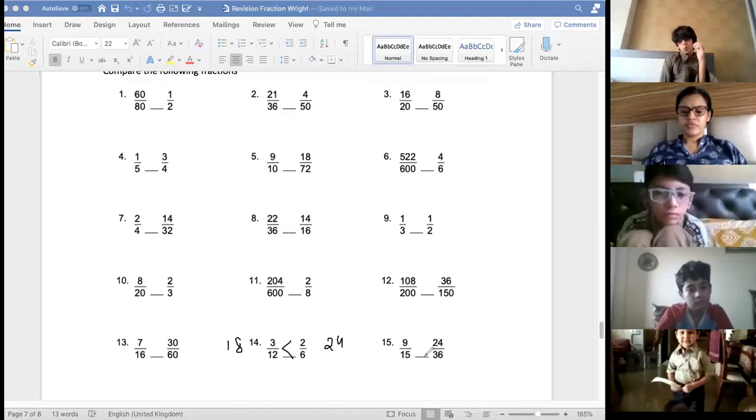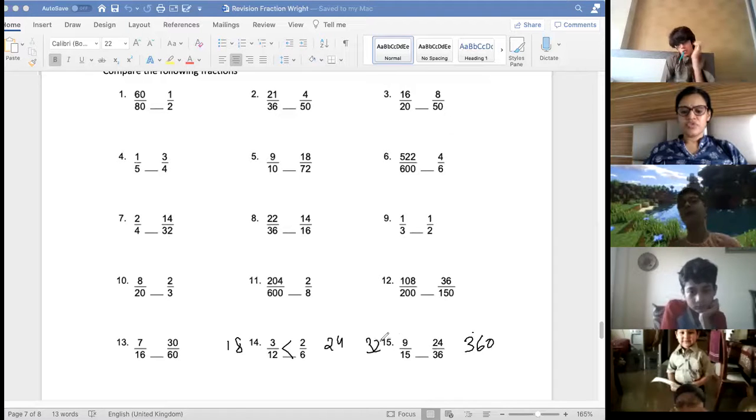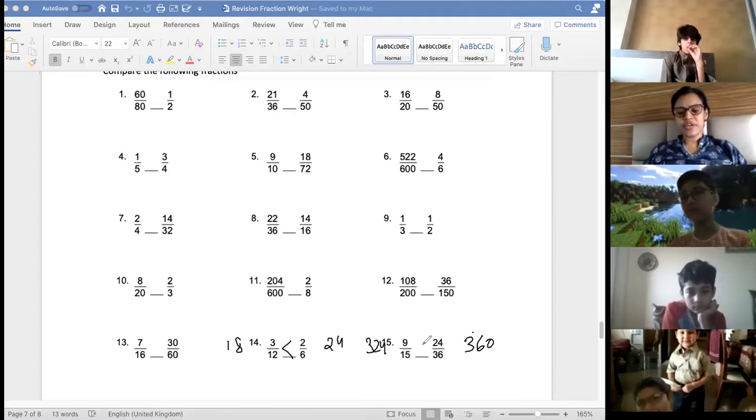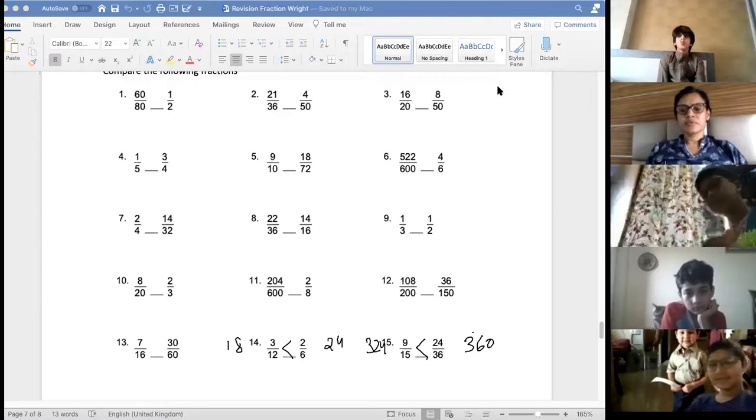This 15 by 24 is 360. Okay, and 36 into 9 is? 9 by 36 is 324. So you have to write with the numerator. Okay. So which one is greater? This one.